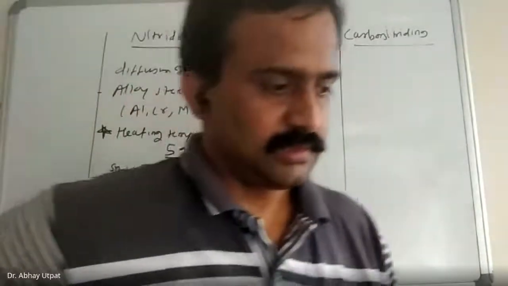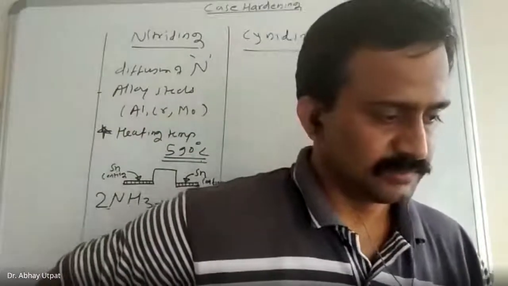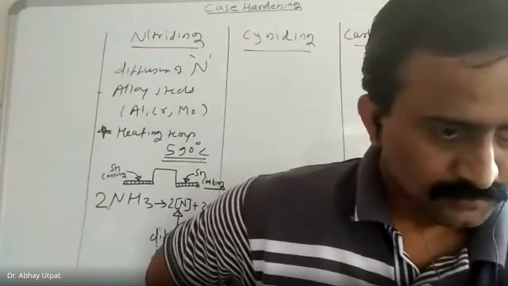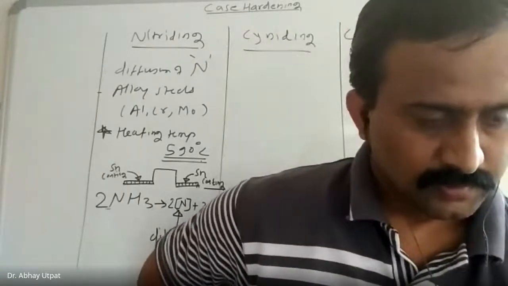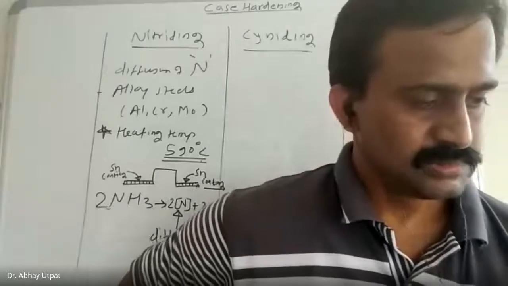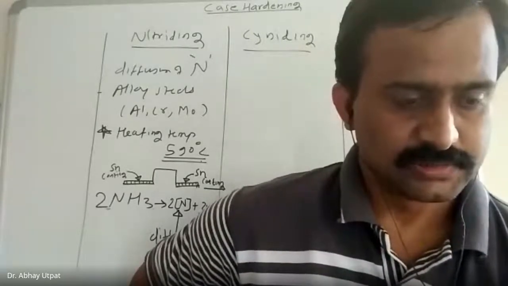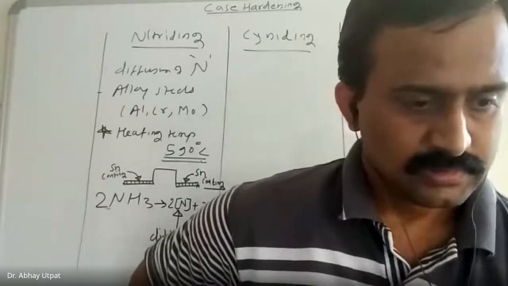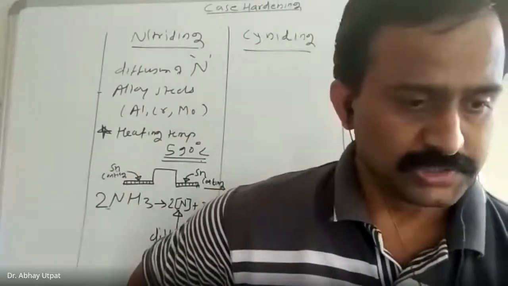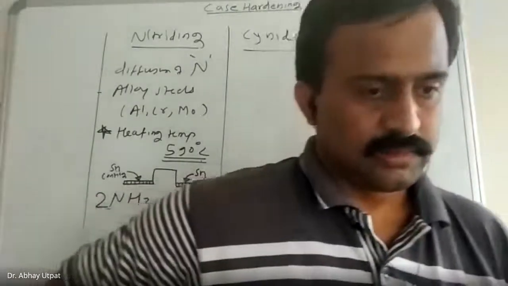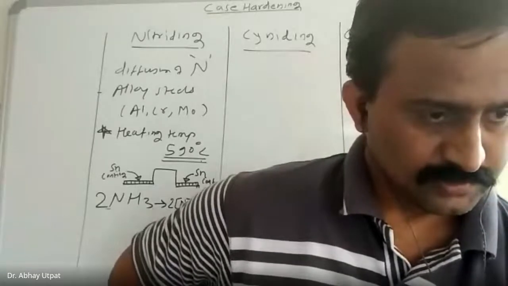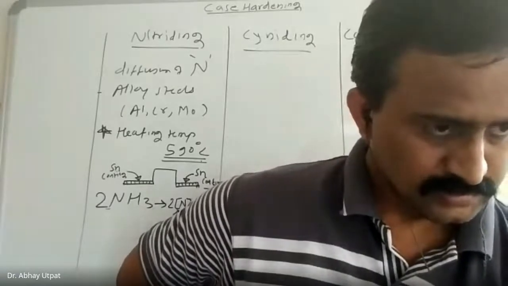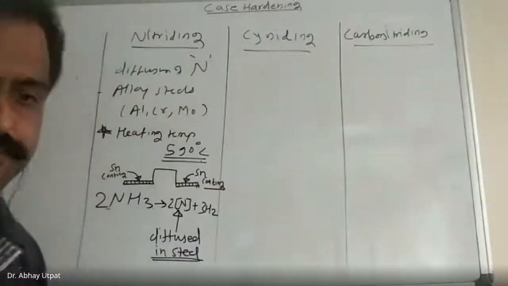Ammonia gas passes in the furnace, which decomposes in 48 to 60 hours, as given below.